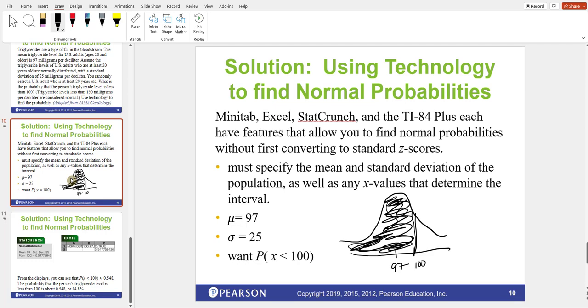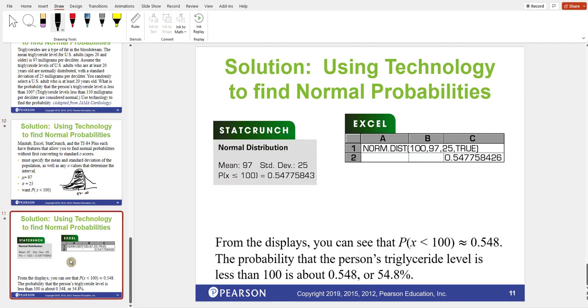Okay, so I'm not going to go back and show you how to do it in Excel and StatCrunch, but these are the screenshots. Both of them will give you the same answer, 0.5477 for both. So the probability that the person's triglyceride level is less than 100 is about 54.8%.